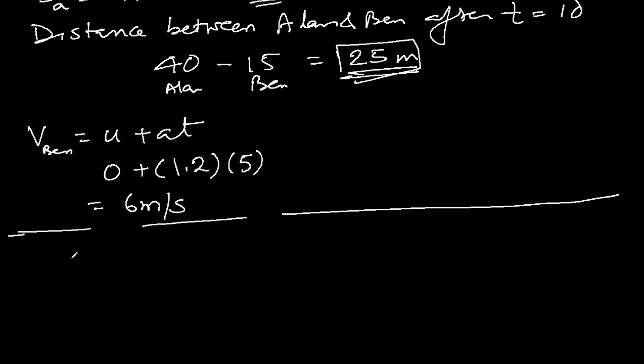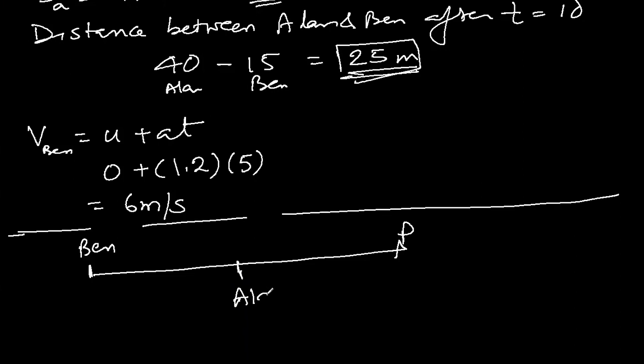Let's say Ben is here, very far, he has to reach P, and Alan has taken a lead. Let's say Alan is here, he also has to reach P, but his speed is 4 meters per second, whereas Ben's speed is 6 meters per second. They are starting from the respective positions at different speeds, but the time they will take to reach P will be the same.